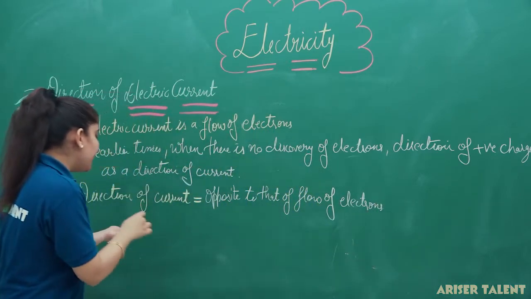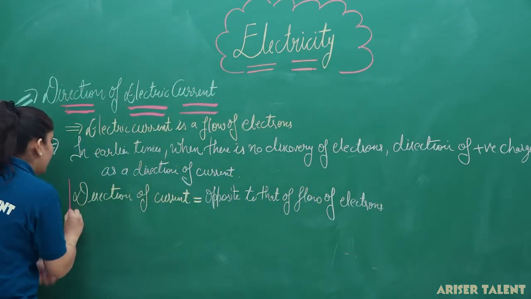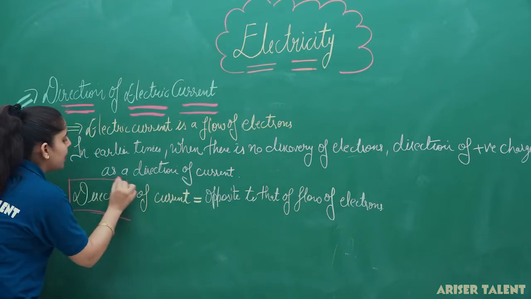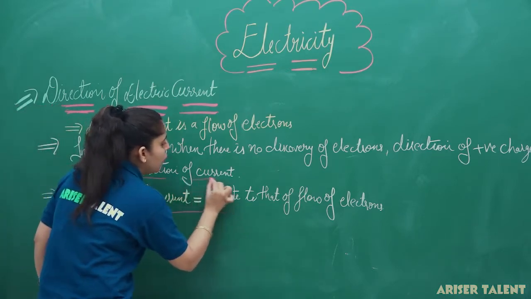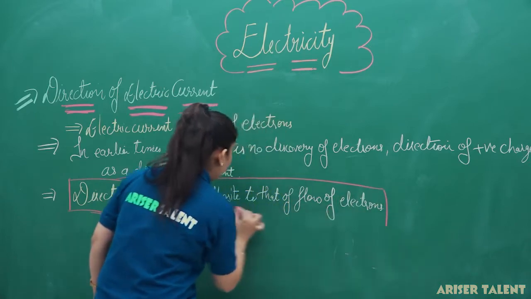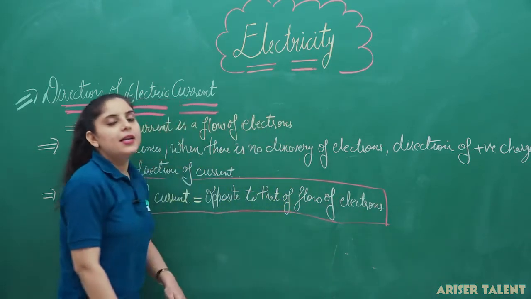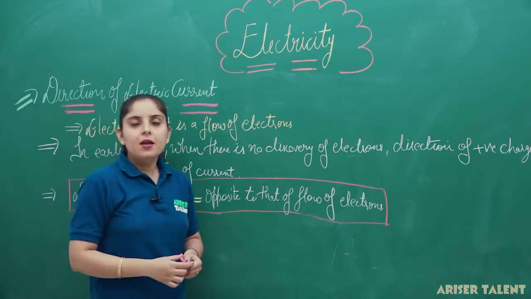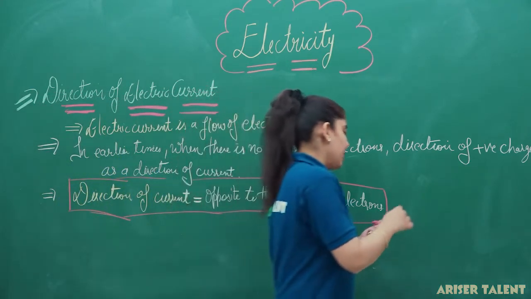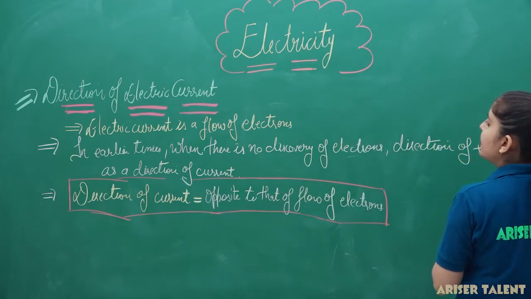This will be the exact direction for the current: the direction of current will be opposite to that of the flow of electrons. The direction in which electrons flow, the direction of current is always opposite to it. So now let's consider a diagrammatic representation we have here.